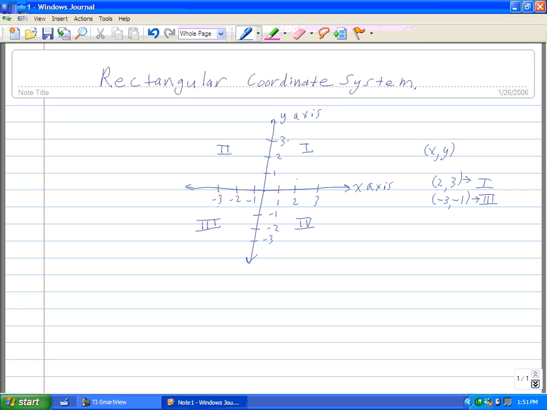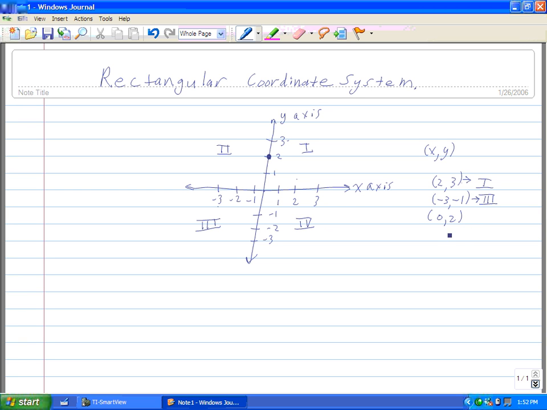Now, just as a technicality, if we were looking at a point like (0, 2), we would go to that point by not going left or right on the x-axis as the 0 implies, but we would go up 2 on the y-axis, and that point technically is considered not to fall in any of the 4 quadrants because it is on the axis between them.